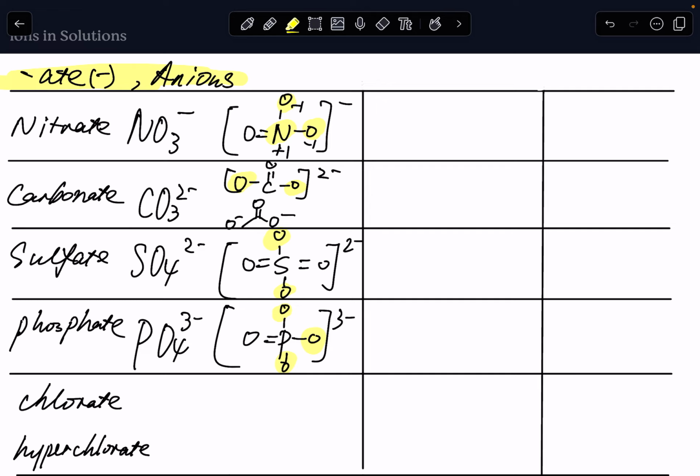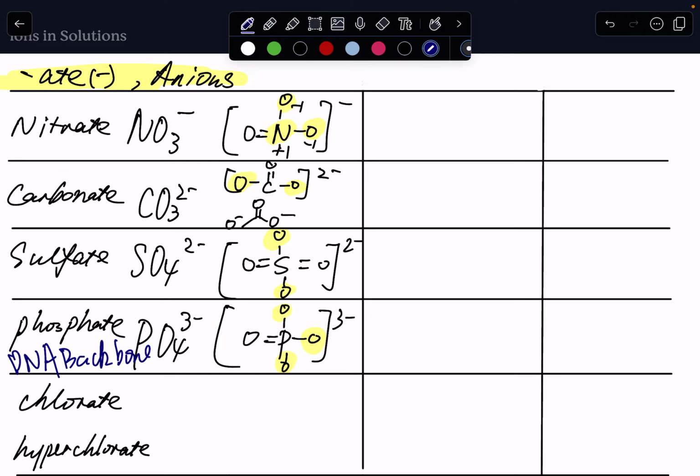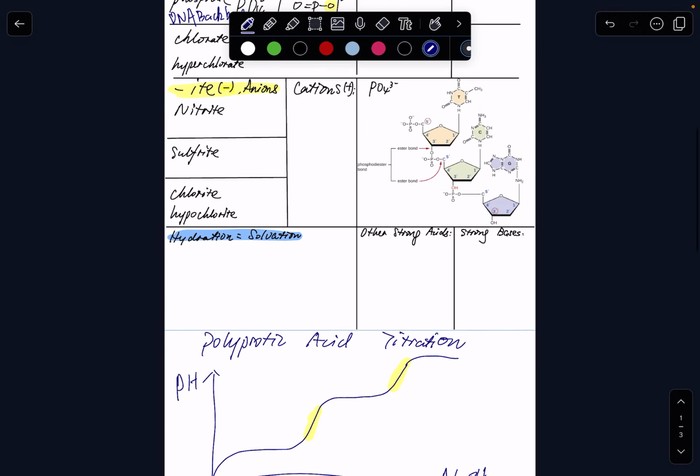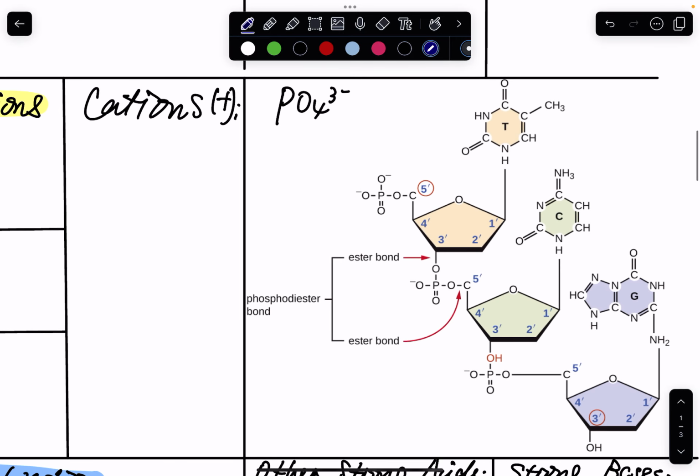All right, so speaking of phosphate, I want to relate this to a really important biology concept that is the backbone of DNA, okay? DNA backbone. I have a picture here that shows the phosphate we talked about. Because this oxygen is now bonded to carbon, it's not negative anymore, right? So we have 2 negative oxygens here, and this oxygen is neutral the whole time.